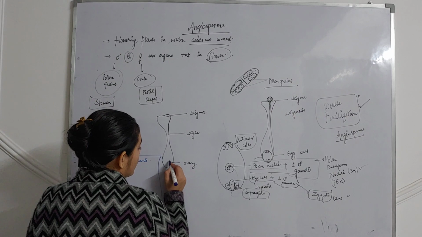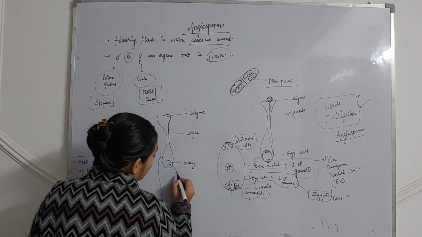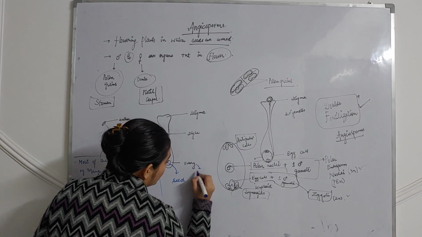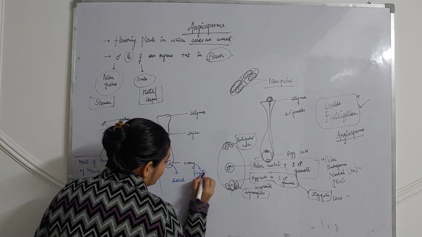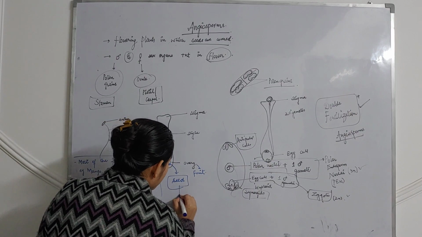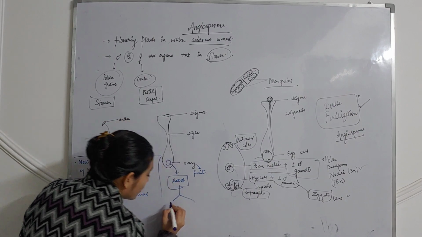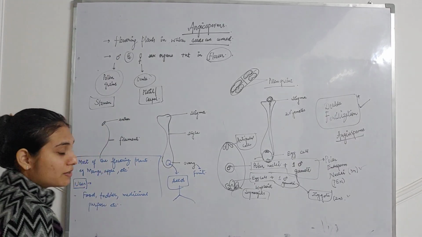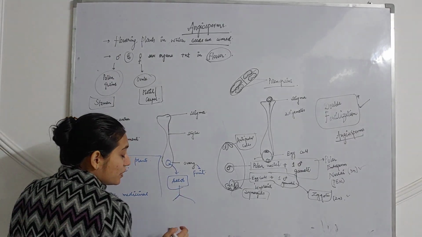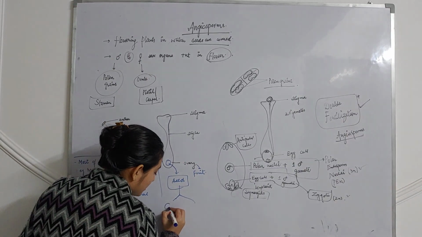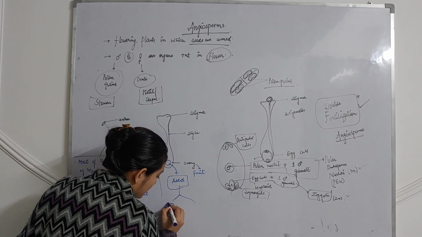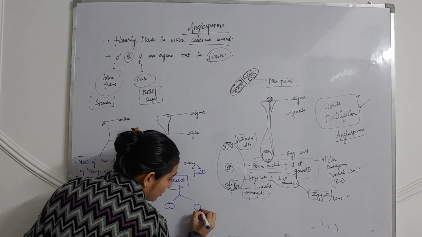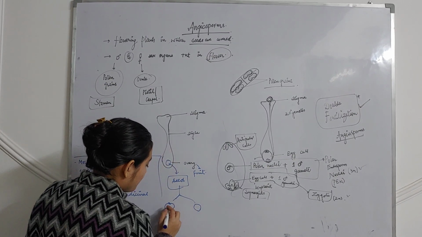In the ovary, ovules are present, and after fertilization the ovule converts into seed and the ovary converts into fruit. And these seeds can be of two types, with one cotyledon or two cotyledons, meaning the seed can be divided into two parts like this, or only a single grain or cotyledon is present.